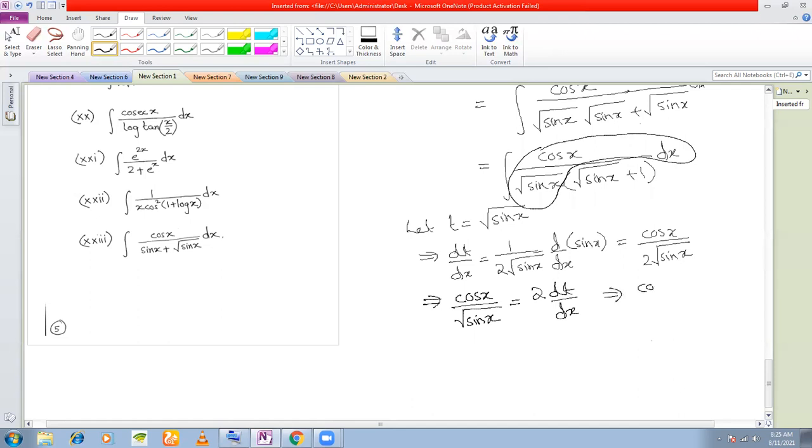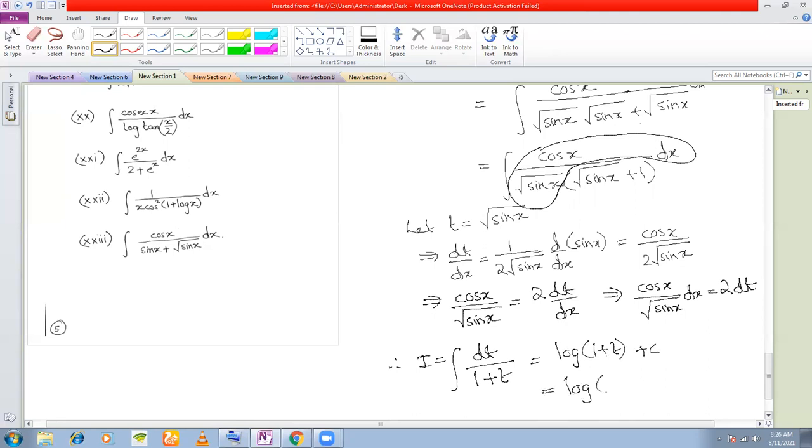That means cos x by root sin x dx is equal to 2 dt. Therefore, I becomes integral 2 dt divided by 1 plus t, which is equal to 2 log 1 plus t plus c.